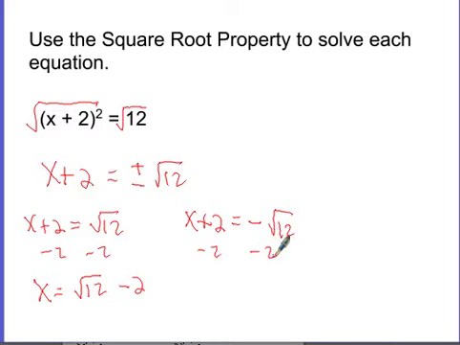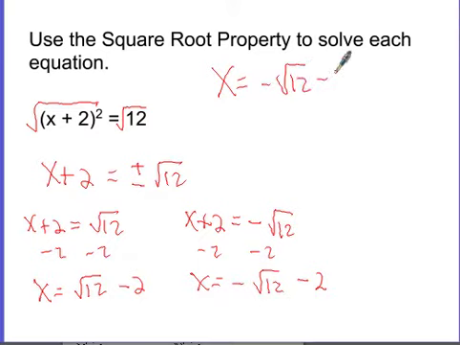Subtract 2. So x equals negative square root of 12 minus 2. So x equals negative square root of 12 minus 2, comma, square root of 12 minus 2. That's how your answer would look.